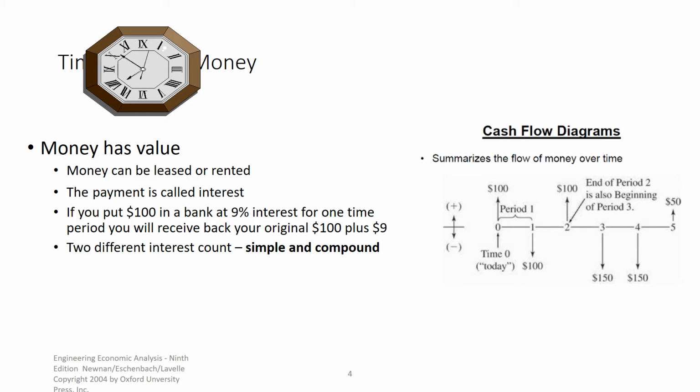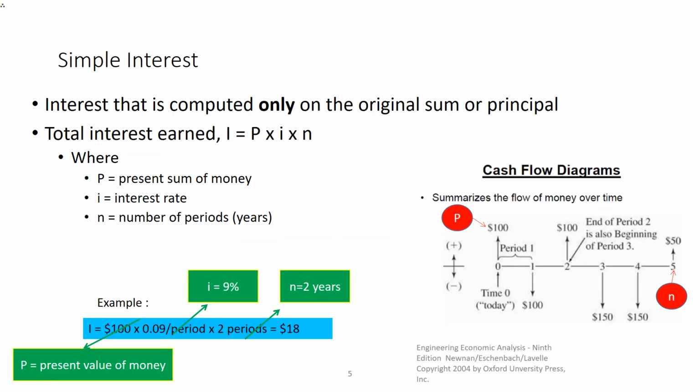How do people consider this? There are two different interests that we can consider. One is simple interest. The second one is compound interest. The first, simple interest, is computed only on the original sum or principal.